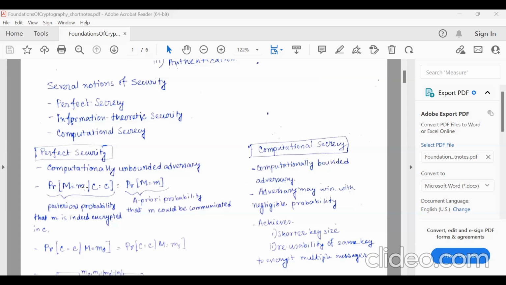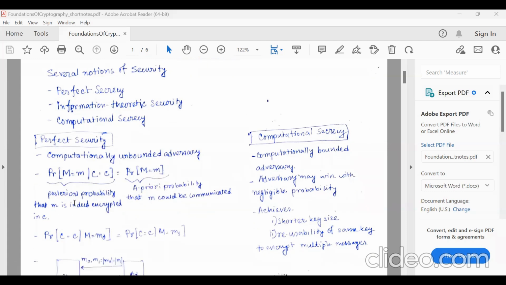The right-hand side says the exact probability of small m being chosen as the plaintext from the message space. That is the a priori probability that any small m could be chosen from the message space, and this is the a posteriori probability that inside ciphertext c exactly message m is encrypted. These two probabilities should be the same, which also means that by seeing ciphertext c, we cannot gain any extra information about which small m is encrypted under c.